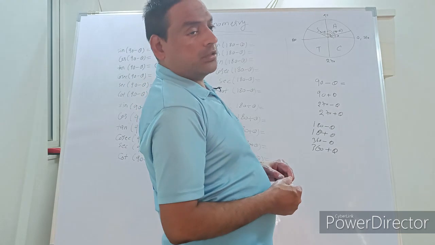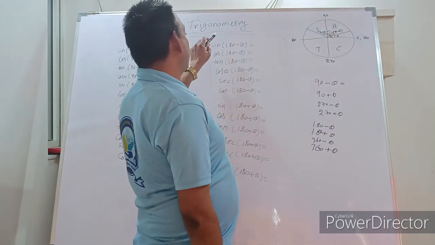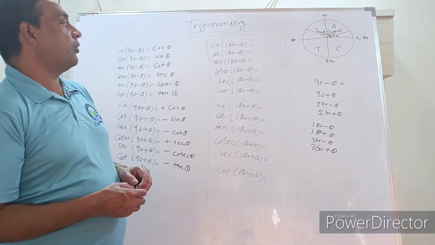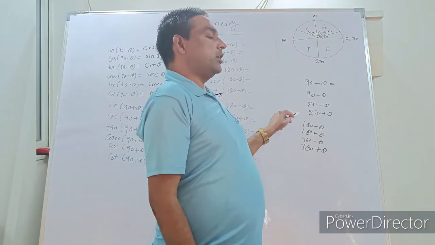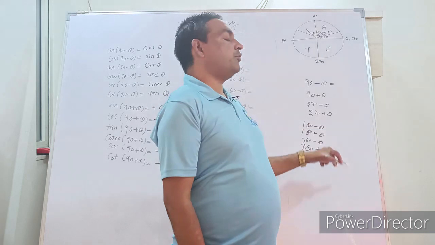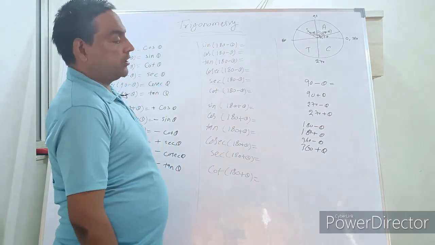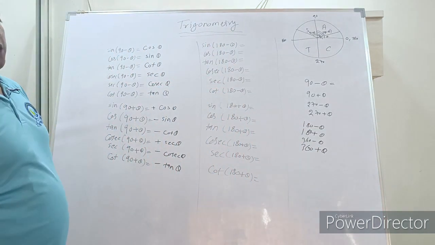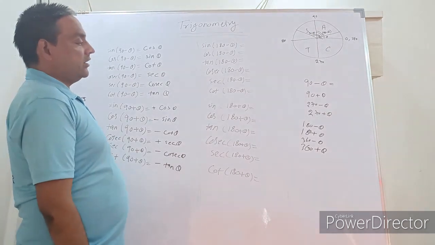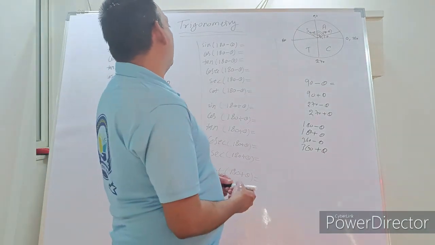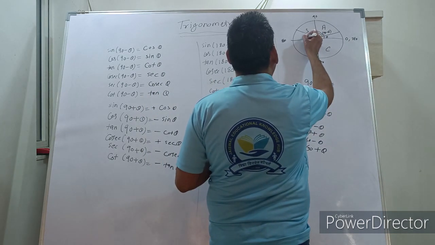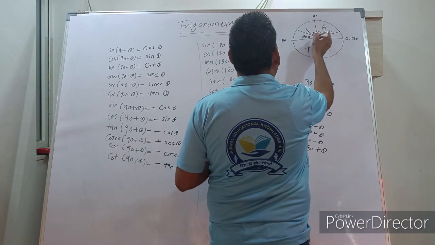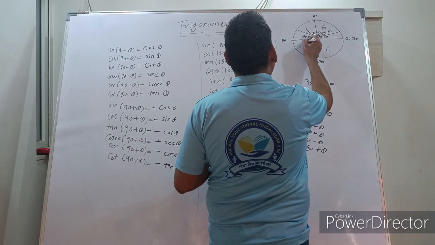Now 180. Okay, the trigonometric ratios with 180 minus and 180 plus. As I told, here also it is an even multiple of 180 degrees, or you can say an even multiple of 90 degrees. Now 180 minus will be this one, and 180 plus will be this one.